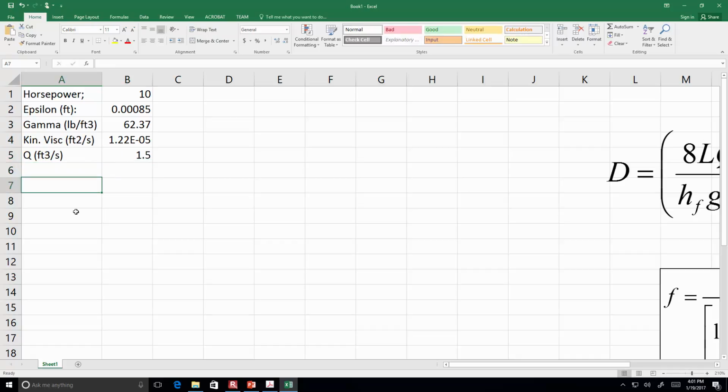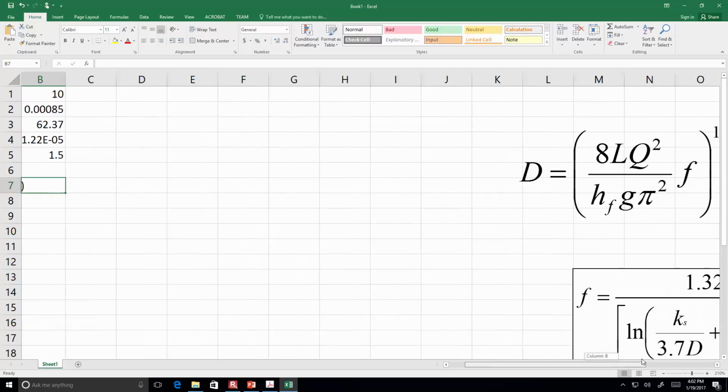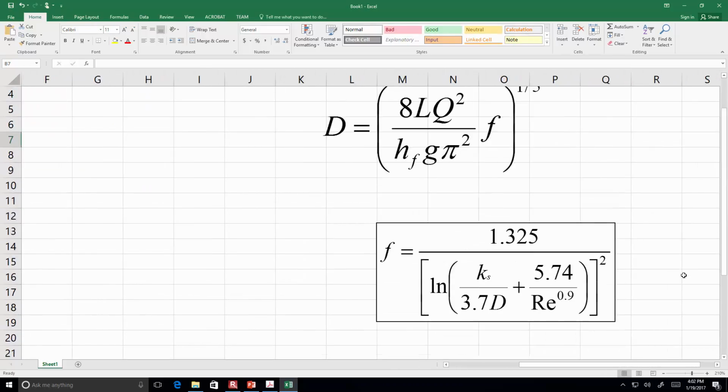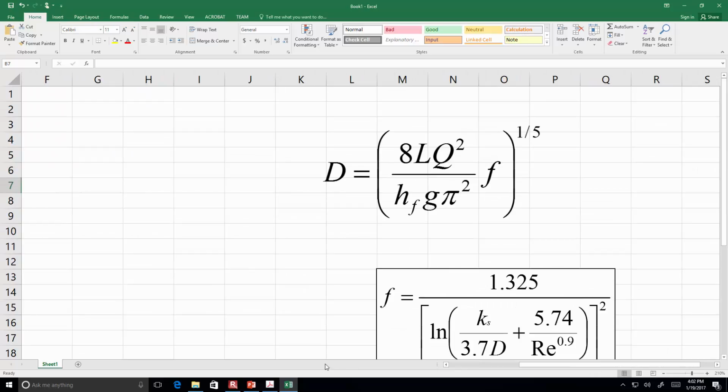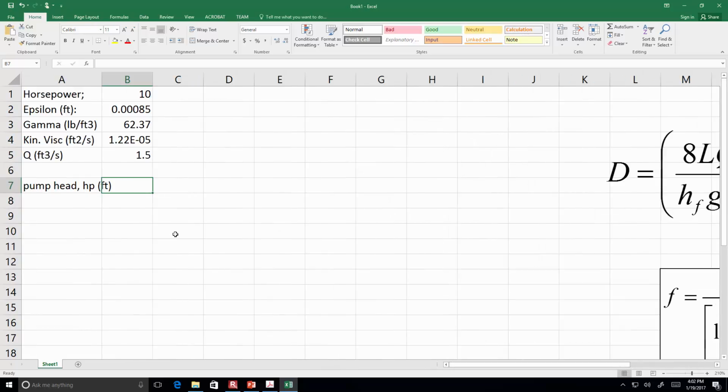All right, so let's calculate the pump head in terms of feet by substituting in the values to the equation that I wrote on the whiteboard. This one.